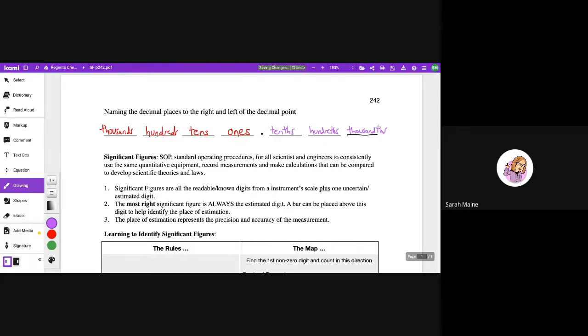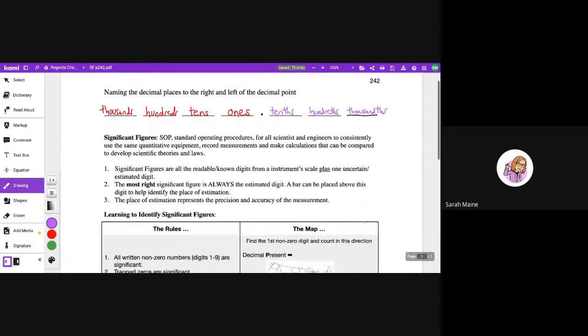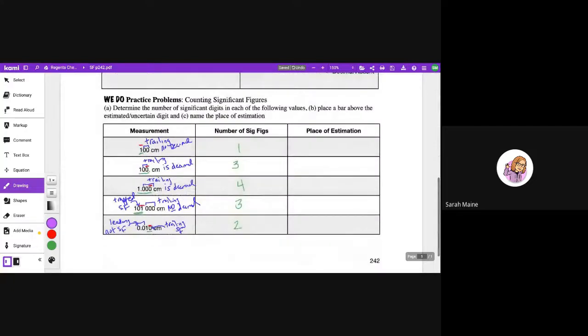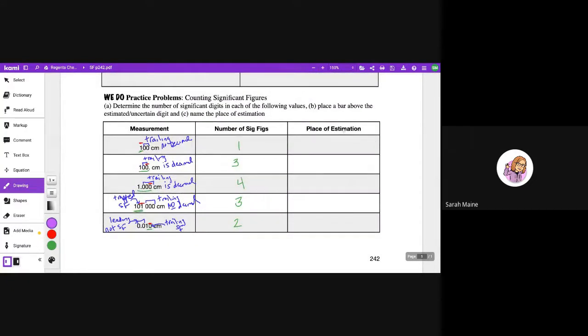So now what we need to do is take a look at the place of estimation. This is the value, okay? This is where we place the bar. So this is the digit with the bar. So the digit with the bar above it represents the place of estimation or the uncertain digit.